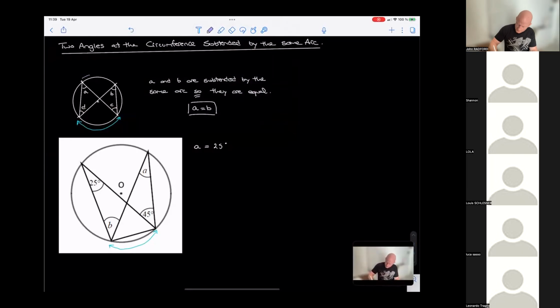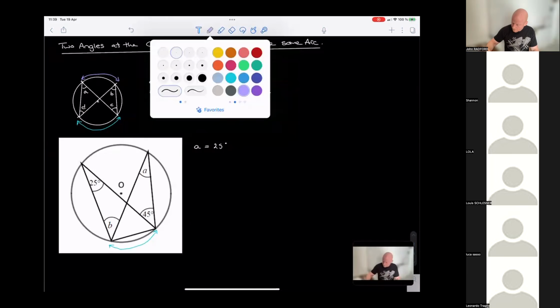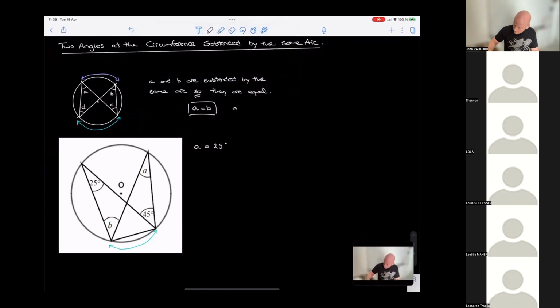In this case, it's this one here. If you look at it upside down for a second, we're dealing with the same scenario again. And so C must be equal to D. Can we all see that it's a two-way thing?